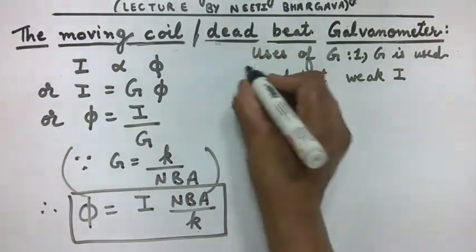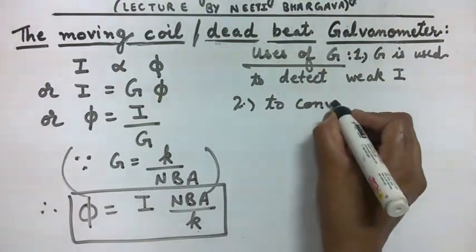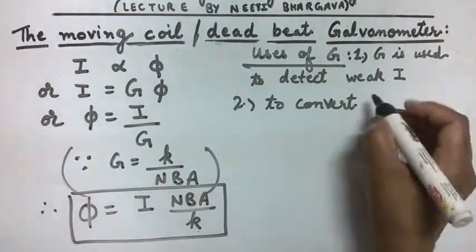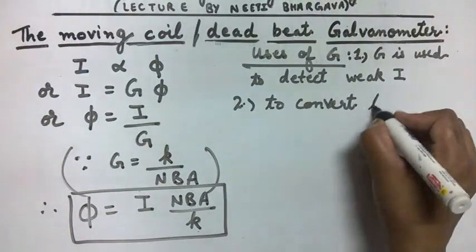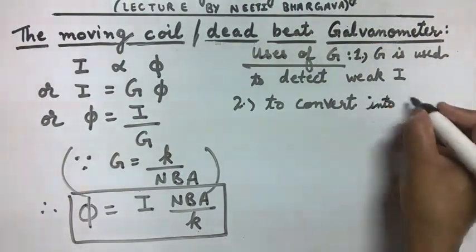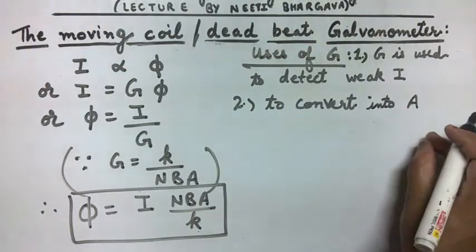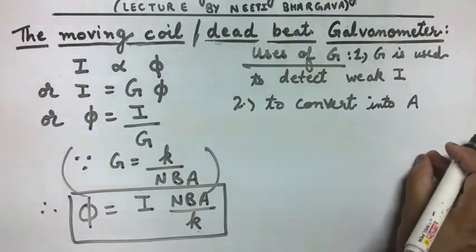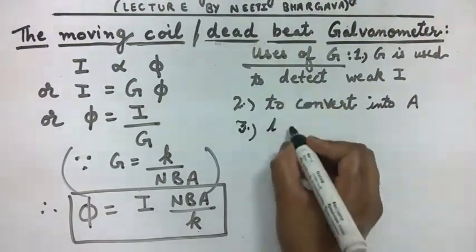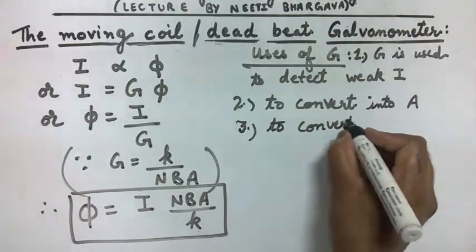Its second use is to convert it into an ammeter, as we cannot use it as such. We have to convert it by connecting a small resistance, that is a shunt, in parallel with the galvanometer. This we will study. And the galvanometer is also used to convert into a voltmeter to measure potential difference.